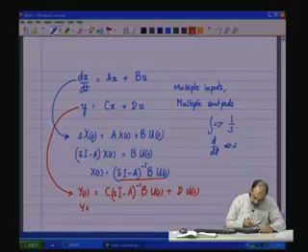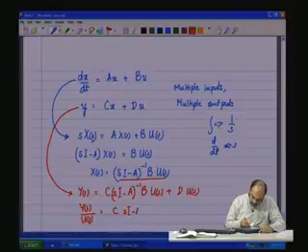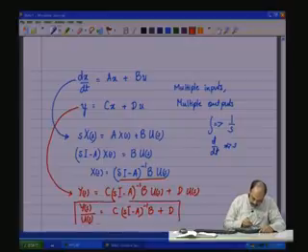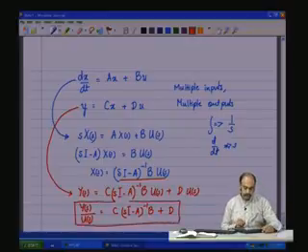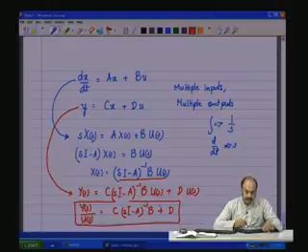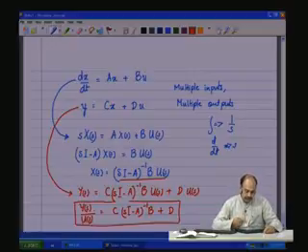We want to find the transfer function, the Laplace transform of the output by the Laplace transform of the input, which is C (sI minus A) inverse B plus D. So, this is the transfer function obtainable from a state equation which has matrices A, B, C, D. So, given A, B, C, D matrices, you can obtain the transfer function also from the state equation.